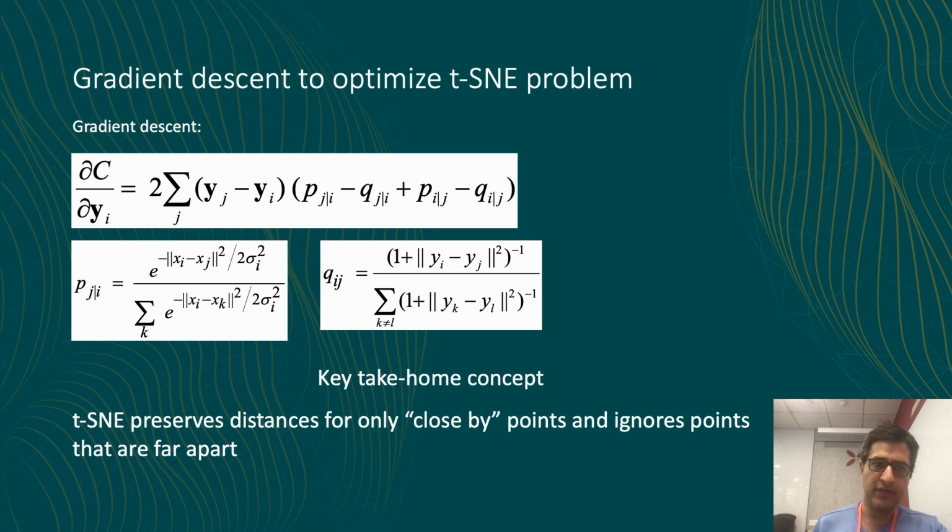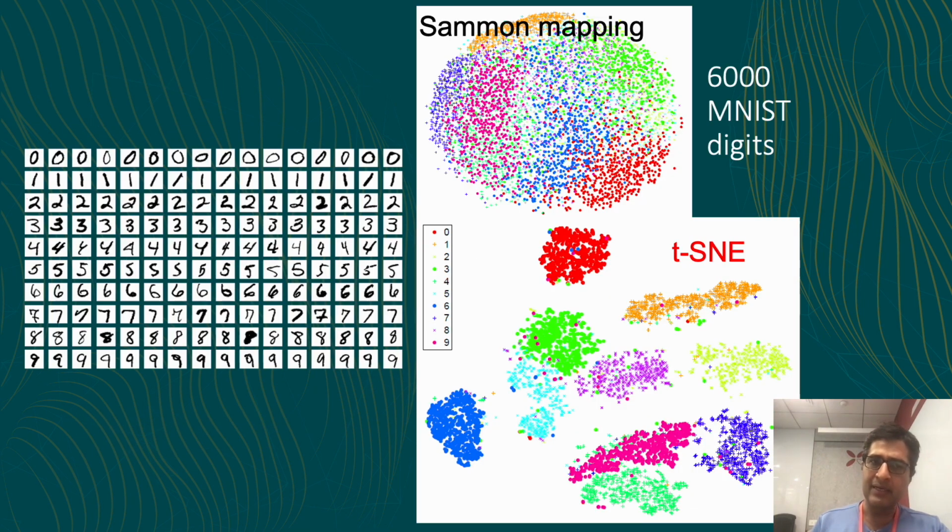It ignores points that are far apart, and that leads us to the kind of visualizations that you would see on the right-hand side of the slide.